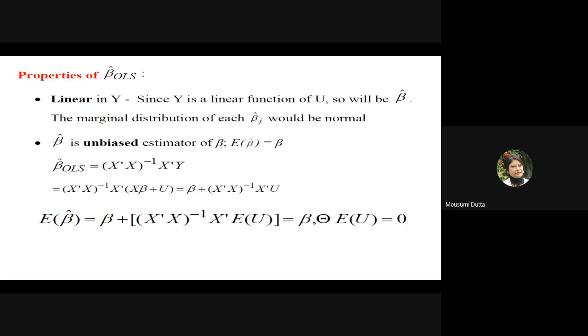As we do so, we get (X prime X) inverse into X prime X into beta. So (X prime X) inverse will be adjusted with X prime X and create an identity.